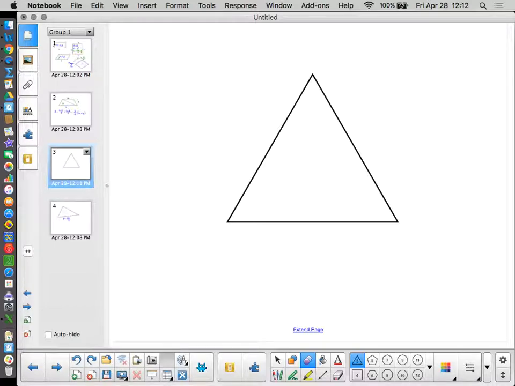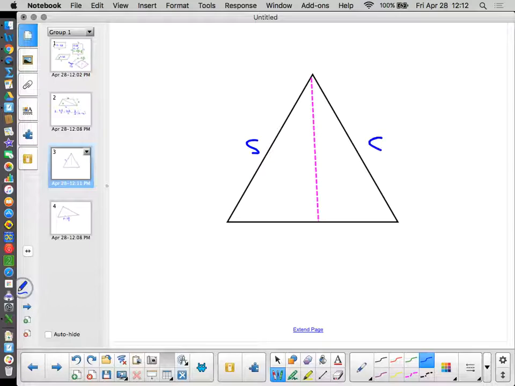Basically what it comes down to is this idea. If I say that each side is S, then what's every angle in the equilateral triangle? 60.